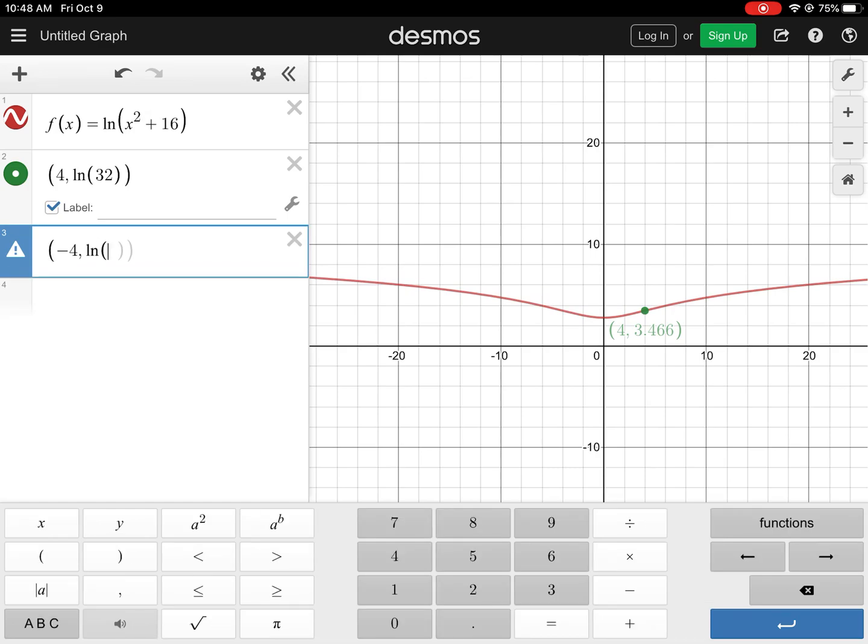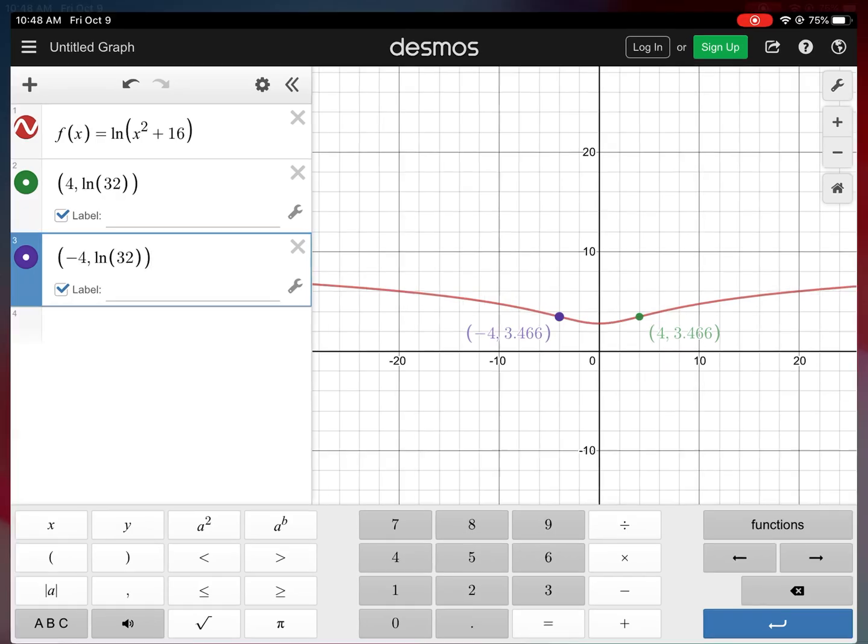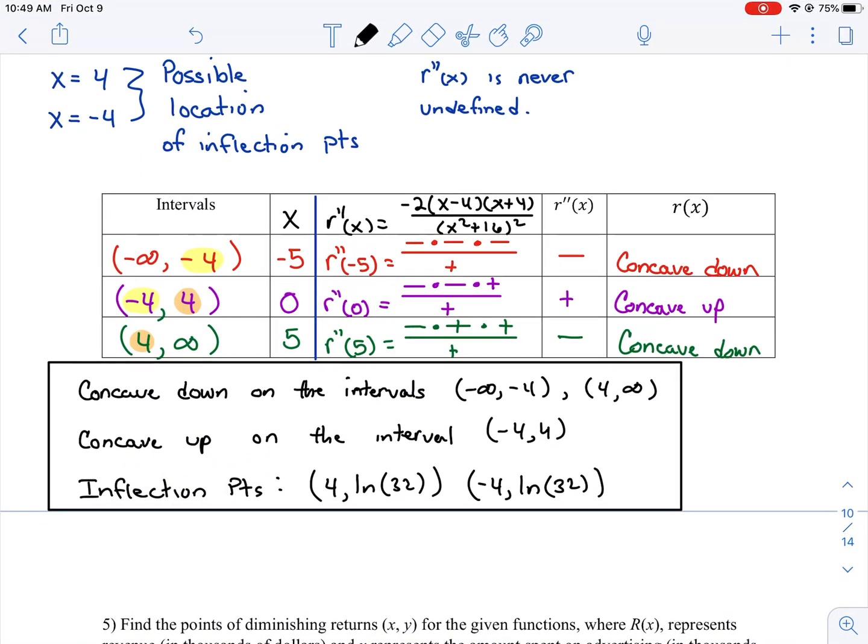And there is the second one. Now notice that the graph does indeed change concavity at these 2 points of inflection. It goes from concave down to concave up, back to concave down. So everything in this box is correct, and we are done.